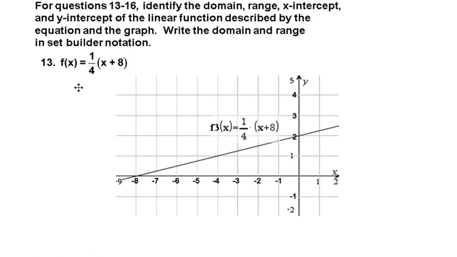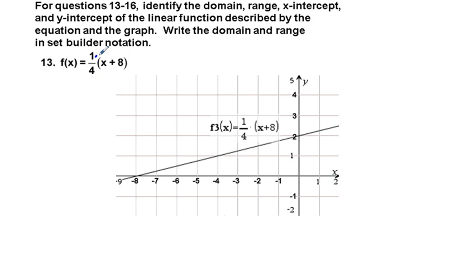So let's go ahead and look at this function, and we have the function here in equation form and its graph below. We have f(x) equals 1/4 quantity x plus 8.